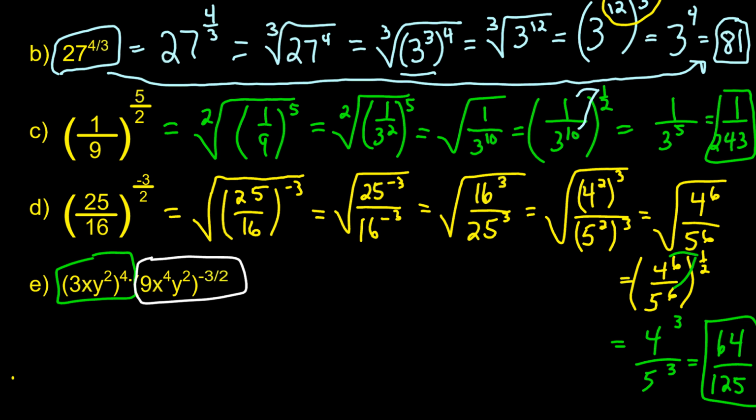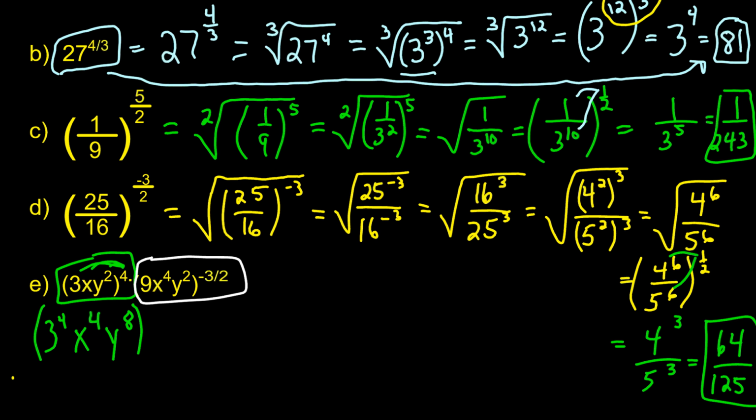So if we have 3x to the fourth, and then y squared to the fourth is going to be y to the eighth. And so that first part, you just take that 4 and multiply it to each exponent. And since 3 is to the first and x is to the first, it just becomes to the fourth power.